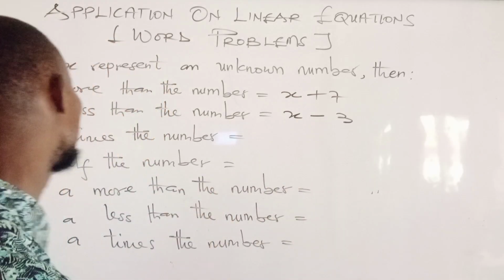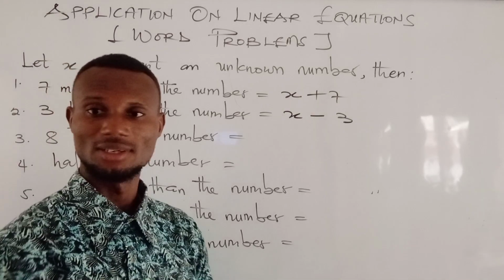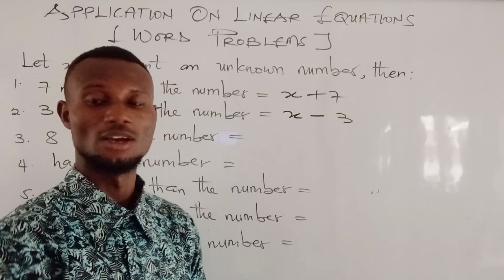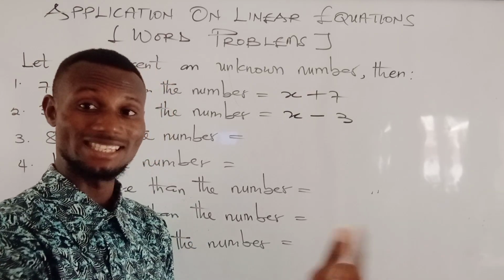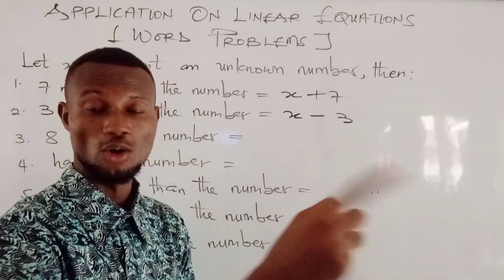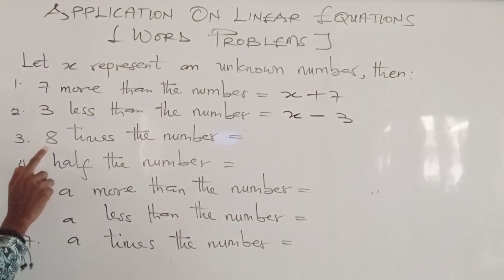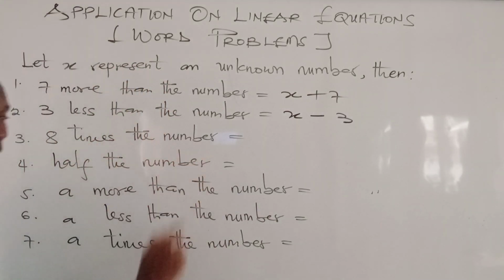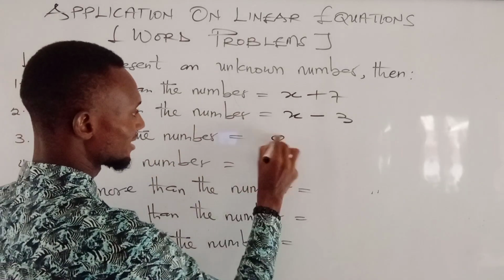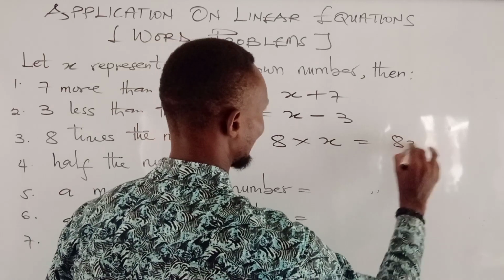Let's take a look at the third example. It says 8 times the number. Don't forget, times means multiplication. So 8 times the number means 8 times S, because the unknown number here is S, and that gives 8S.